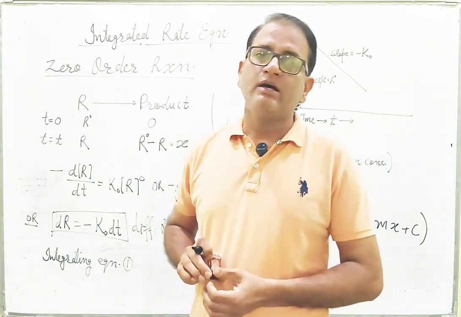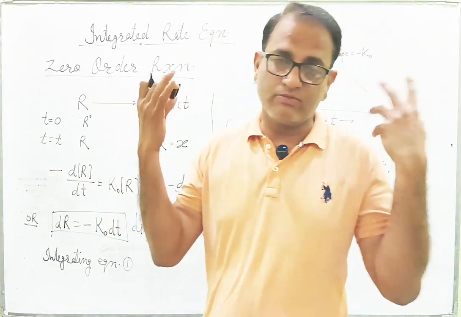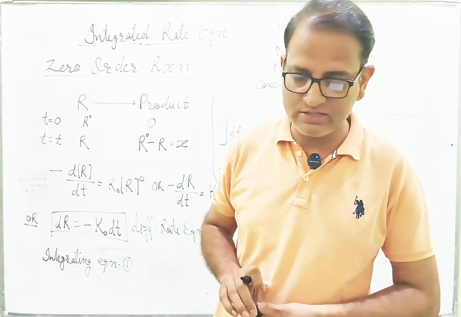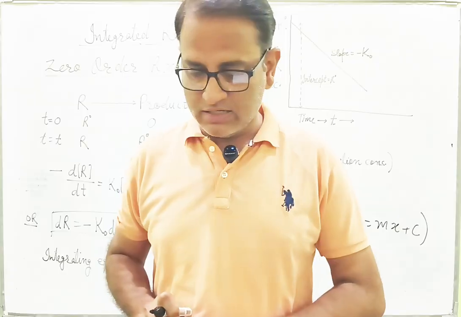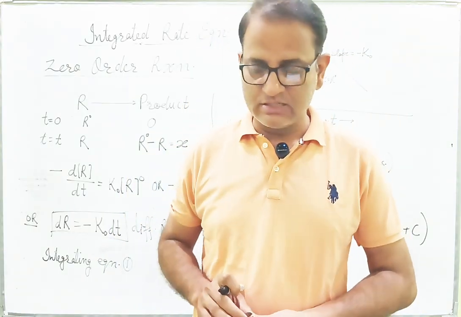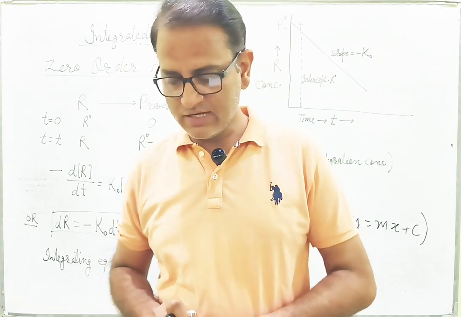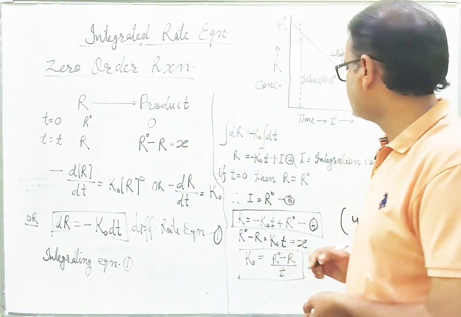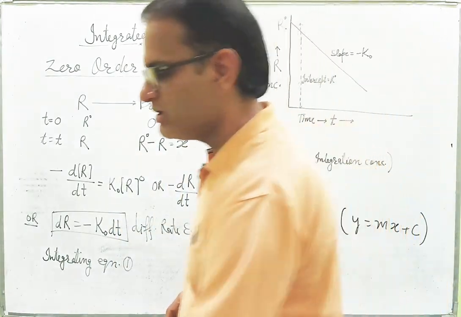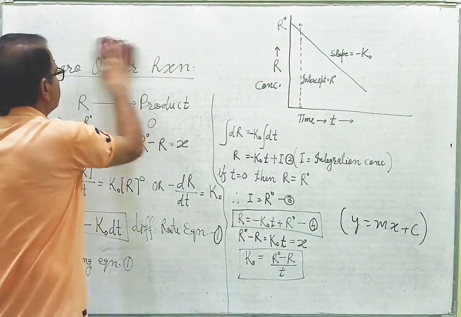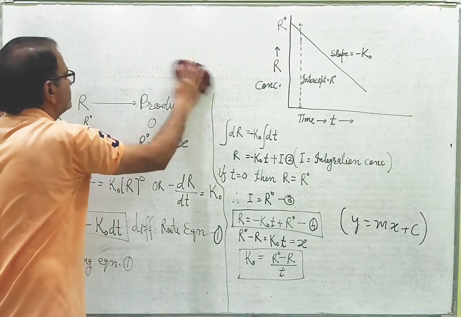Enzyme catalysis too. In our body there are a lot of reactions happening, and these reactions are enzyme catalyzed, and reactions on some metal surfaces are a few examples of zero order reactions. If we exemplify, like if we are taking ammonia on a platinum surface, then that reaction follows zero order kinetics.